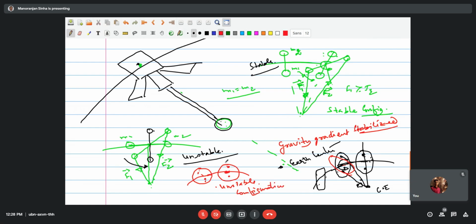Once it is disturbed, it will remain disturbed. There is nothing to restore its position. So the ellipsoid is stable, this is unstable, this is stable, as we have written here.